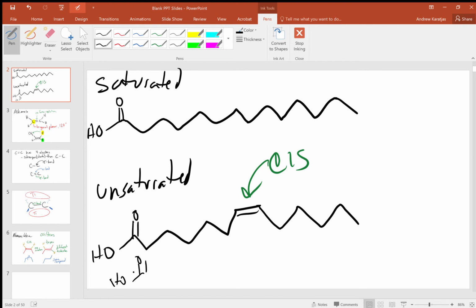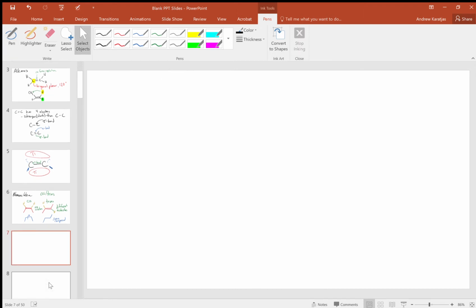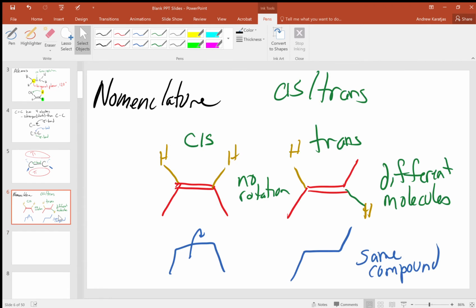And then if the double bond was the other type, like that, then that's what would be considered to be a trans fatty acid. So in that context, this cis and trans works well for nomenclature.